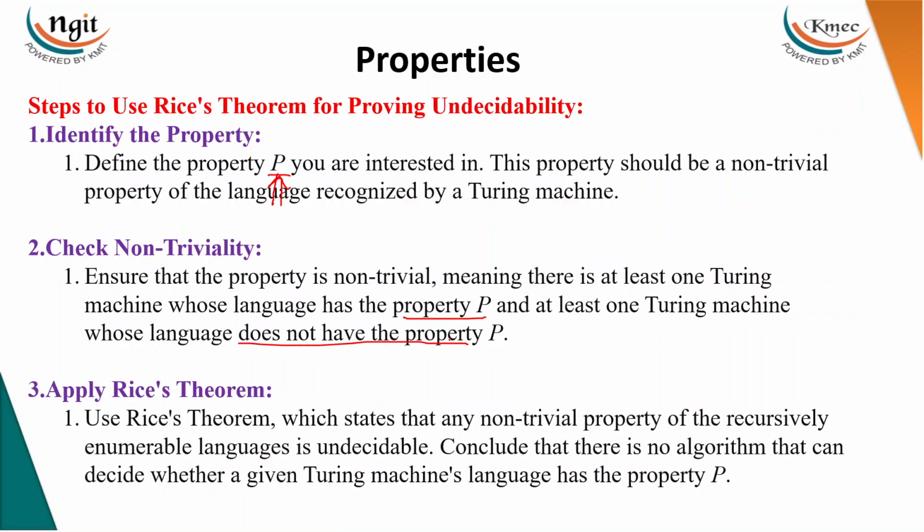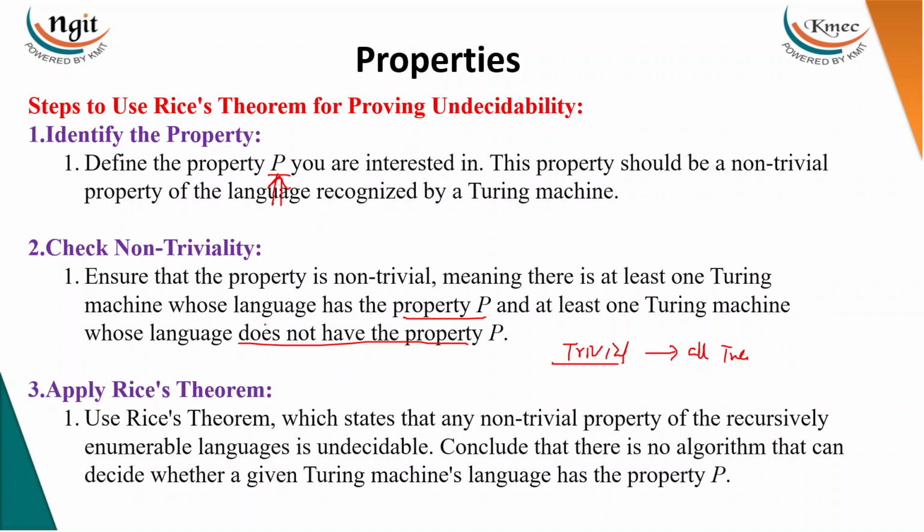If all the Turing machines have that property, or all of them do not have that property, then it is trivial. Trivial means either all true or all false for that statement. Non-trivial means some are true, some are false.